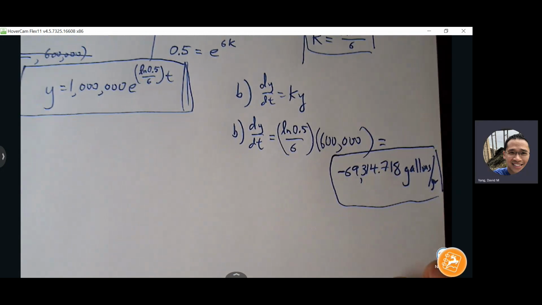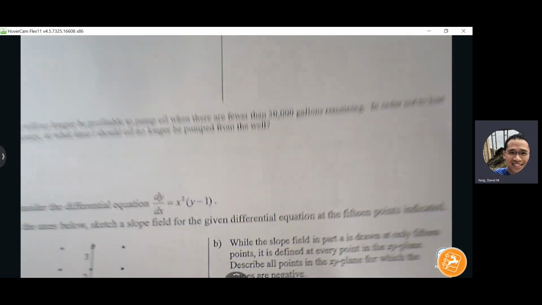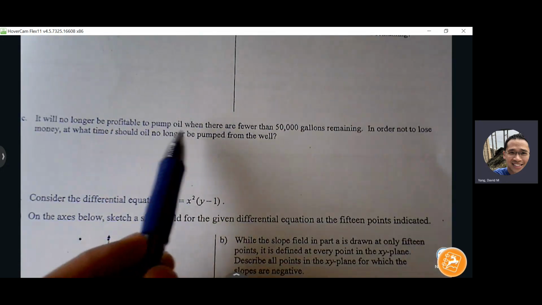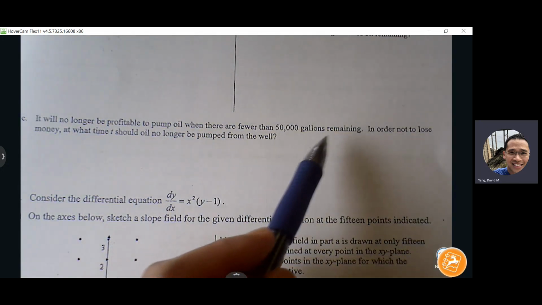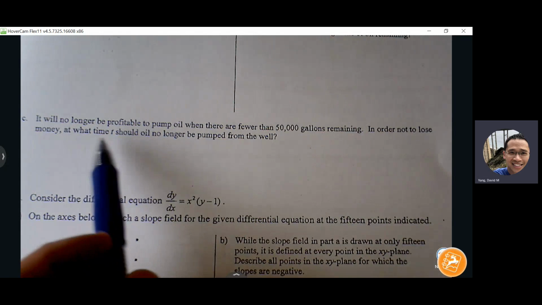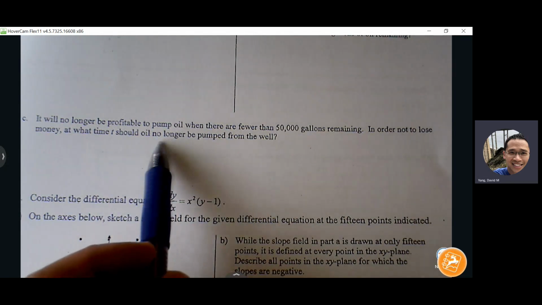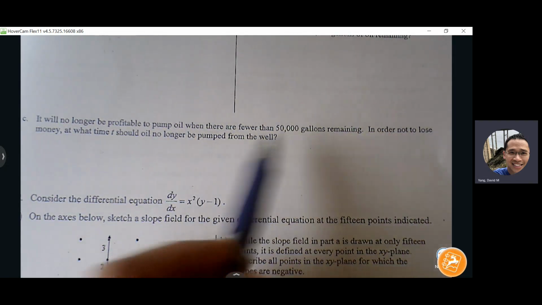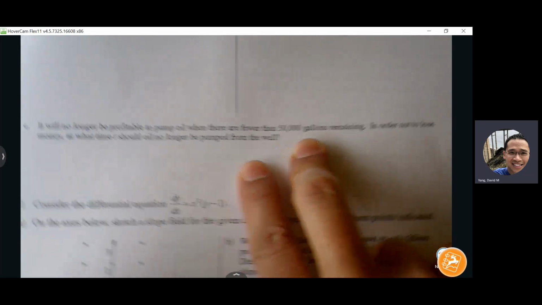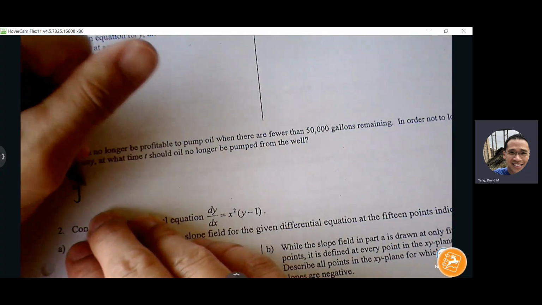In part C, part C says it will no longer be profitable to pump oil when there are fewer than 50,000 gallons remaining. In order not to lose money, at what time t should oil no longer be pumped from the well? Okay, so we can just find that third ordered pair there, right? We know we have our equation.